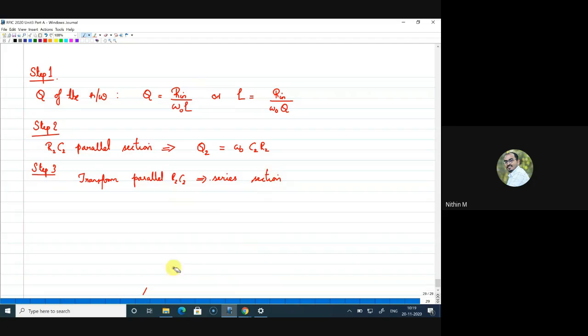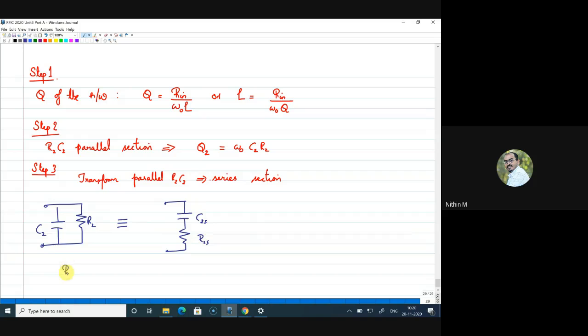What I have here is a capacitor C2 and a resistance R2, which is now transformed into a capacitor and a resistance, but I'm naming them C2S and R2S. Now let me write the relation between these.